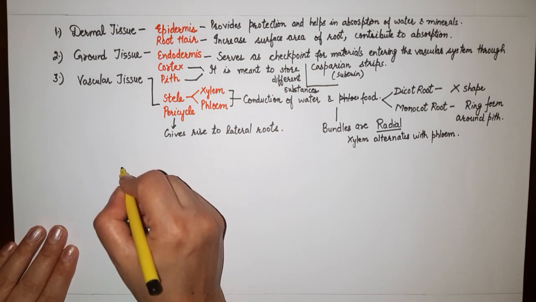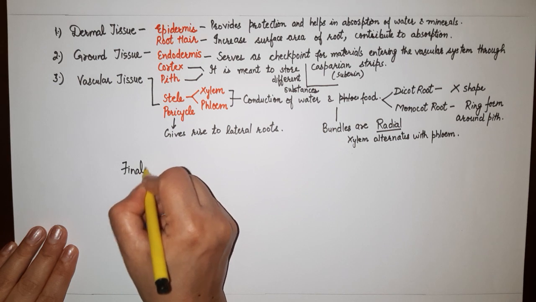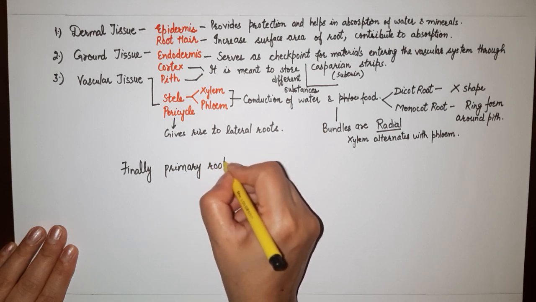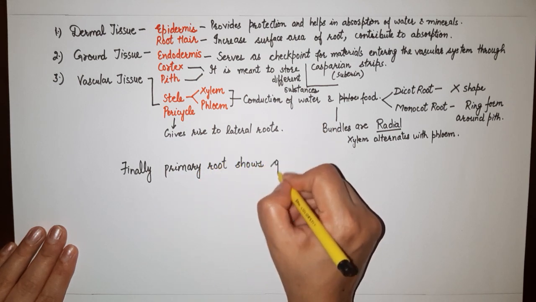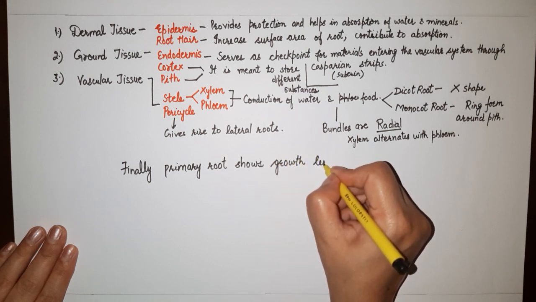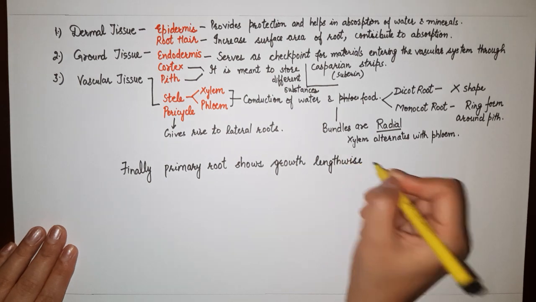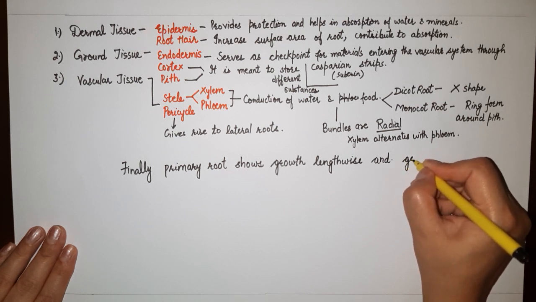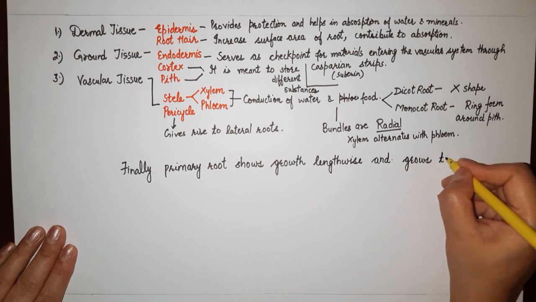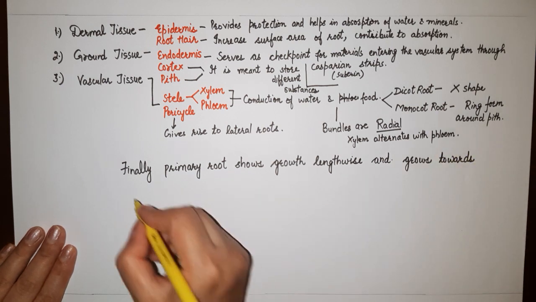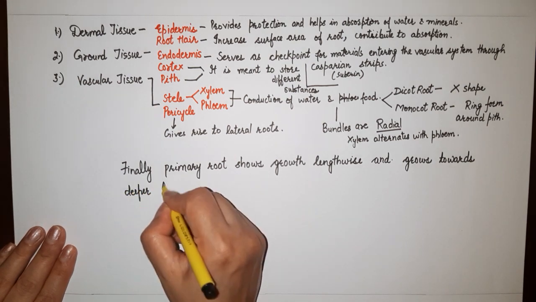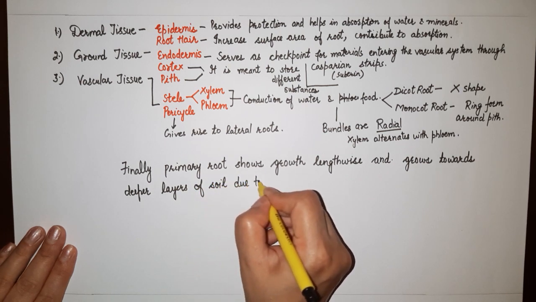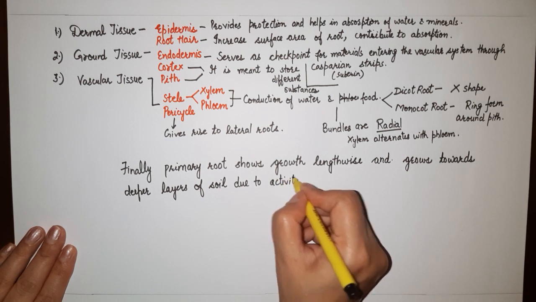So, finally the primary root shows growth lengthwise and grows towards the deeper layers of soil due to activity of meristems.